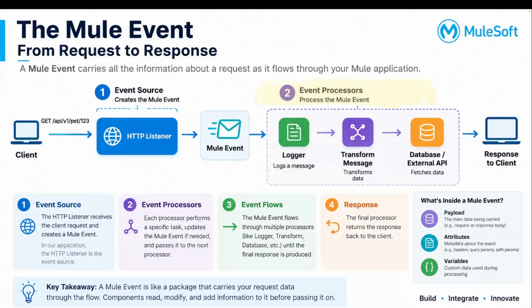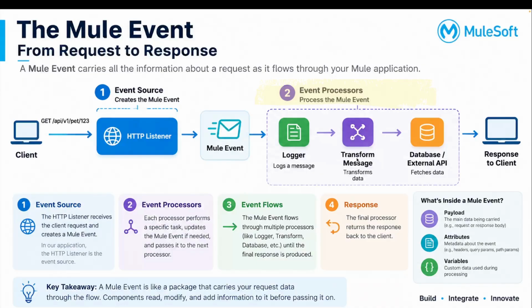Then the event processor. Once the Mule event is created, it moves through a series of event processors. Each processor performs a specific task. For example, one processor might log a message, another might transform the data, another might call an external API, and another might retrieve data from a database.